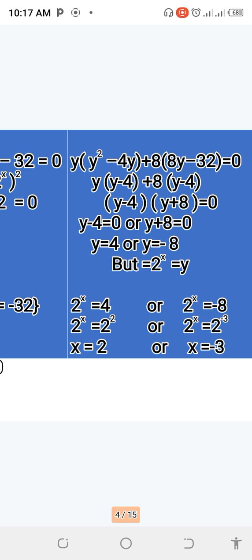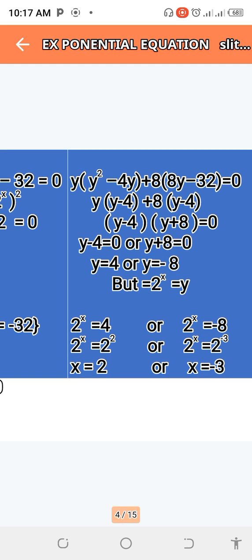These two are now the factors of that equation. That means y minus 4 is equal to 0, or y plus 8 is equal to 0. That is to say, y is equal to 4, or y is equal to minus 8.